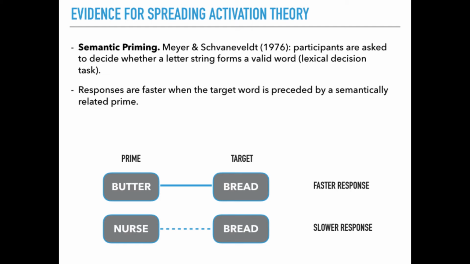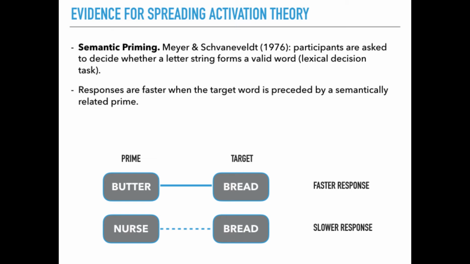According to the spreading activation theory, the word butter should facilitate access to the semantically related word bread. I don't know how much this translates in Thai, but certainly in the UK, butter is the thing that you would lather straight onto your bread, so there's a strong semantic association between these two, whereas there isn't any real association between nurse and bread.